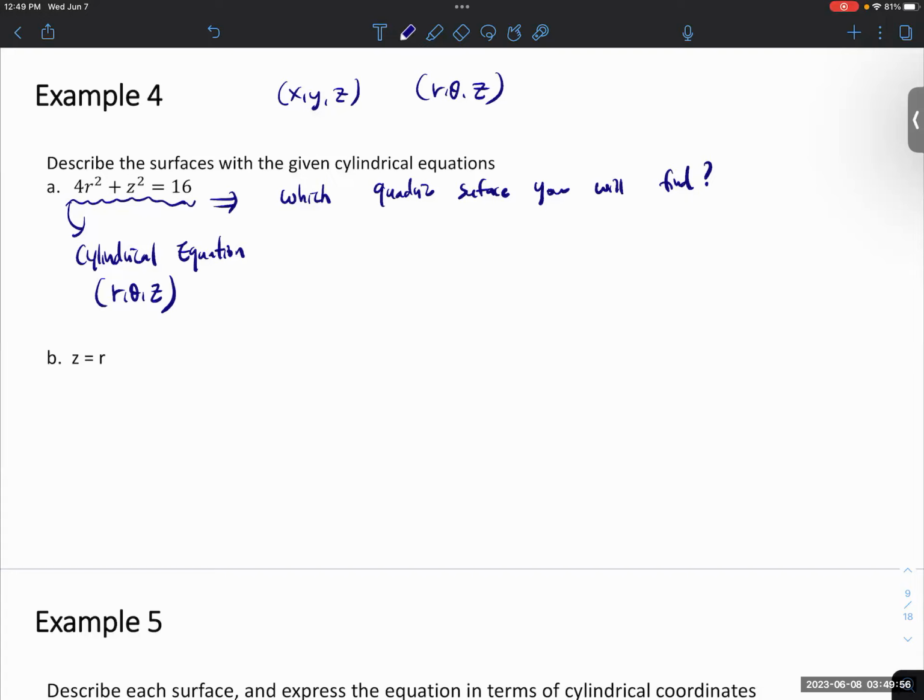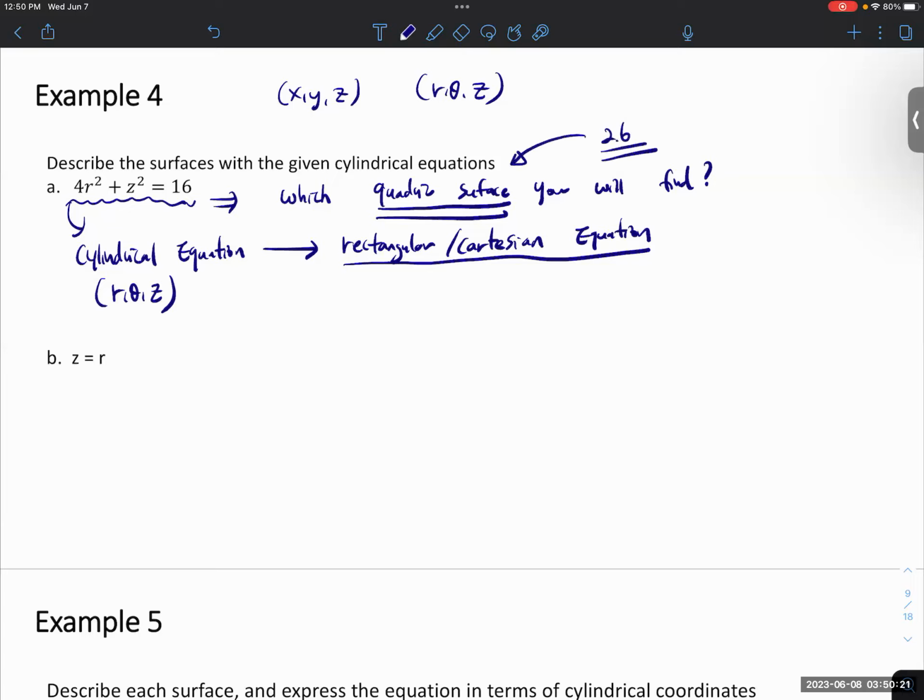So I'm going to convert this cylindrical equation to the rectangular, the Cartesian equation. When you convert it to a Cartesian equation, you can choose which surface equation corresponds to it. If you remember section 2.6, we talked about quadratic surfaces. There are a couple of tables we learned. Once you convert the cylindrical equation to Cartesian, you can find one of the quadratic surface equations. So let's do that.